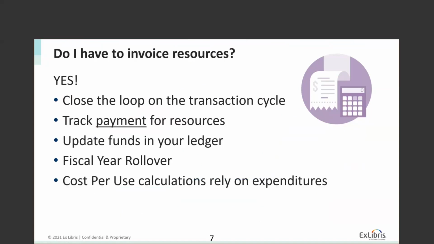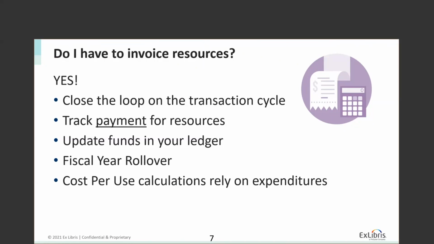You want to track actual payment. Remember, a purchase order line is an estimation of what you're going to pay, where the invoice is the real payment. It might be the same, it might be different. You want to update those funds in your ledger where the invoice spends the money. It's no longer just earmarked. So keeping those up to date.